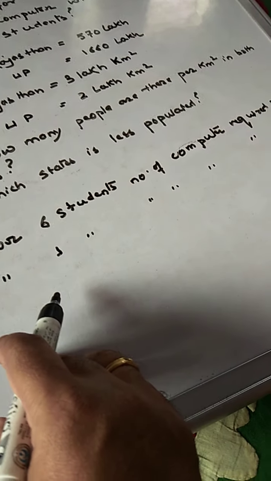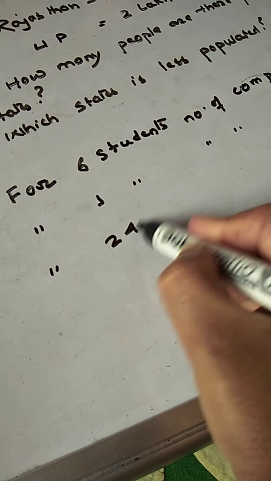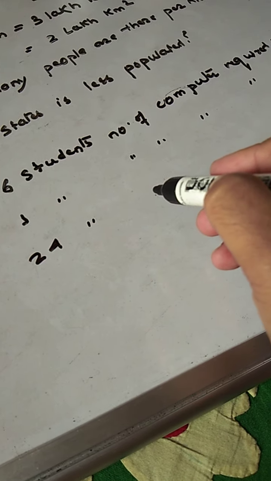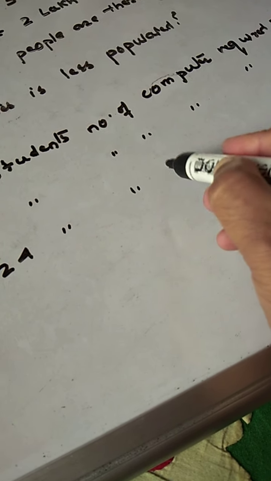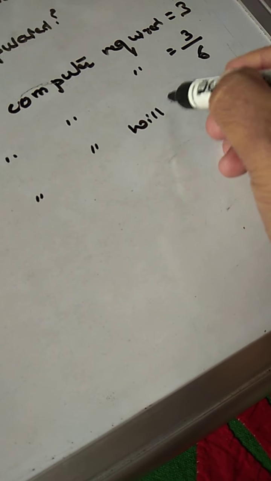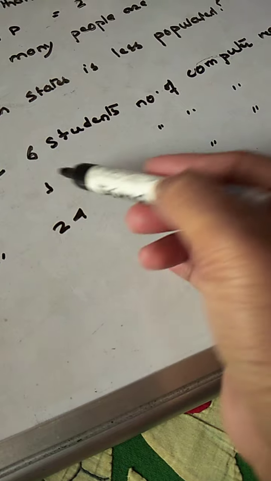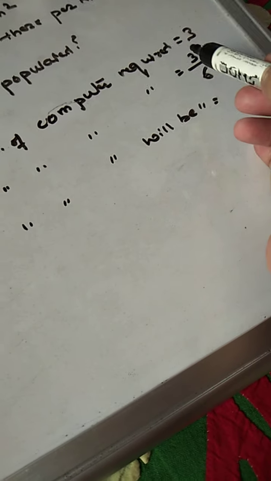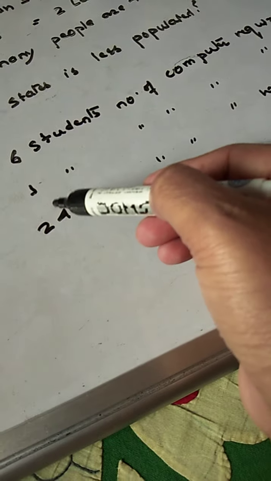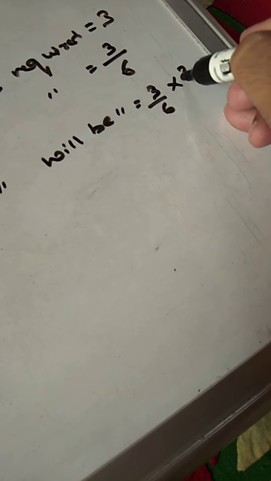Now, the last statement that we have to write: therefore, for 24 students, number of computers required. Now, for 1 student this much of computer is required. So for 24 students, obviously more computers are required. So when we are saying more, that means we have to multiply.